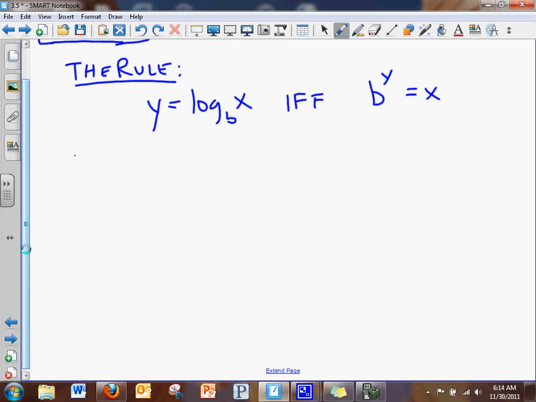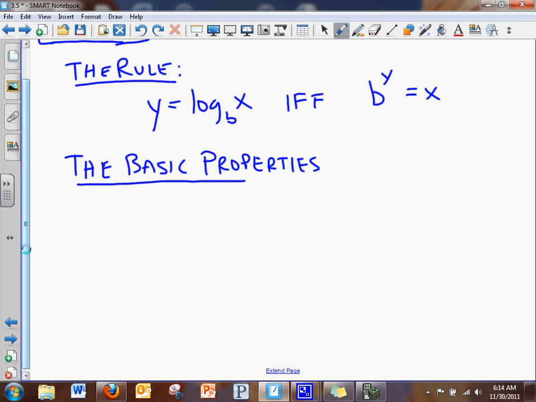We also talked about a couple days ago the basic properties of logs. These properties are true for any type of log. Could be natural log, could be the common log, could be any base. There's four of them. Log base b of 1 is always equal to 0, because b to the 0 is equal to 1.